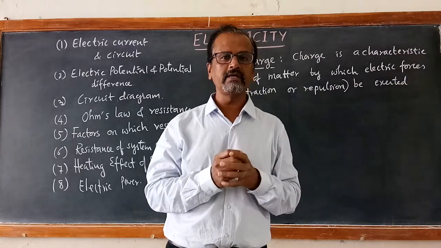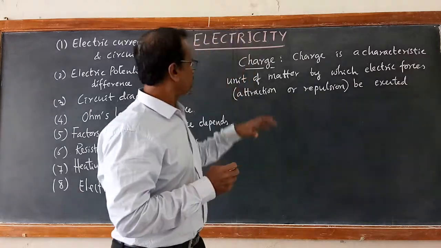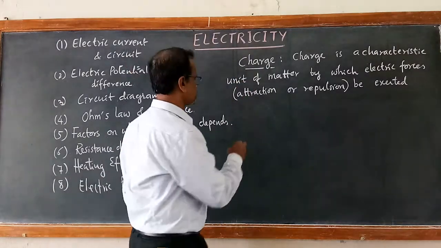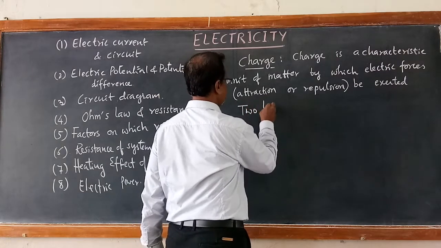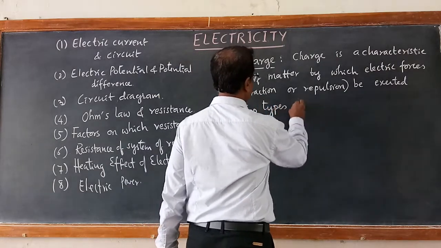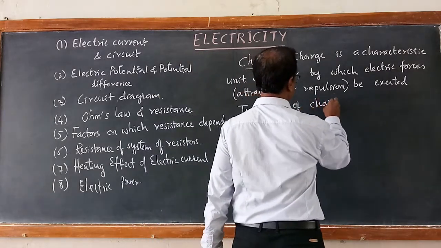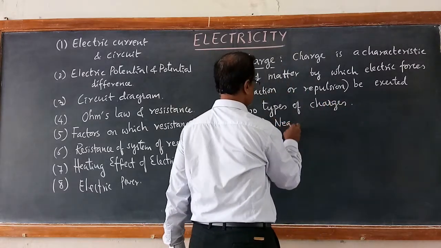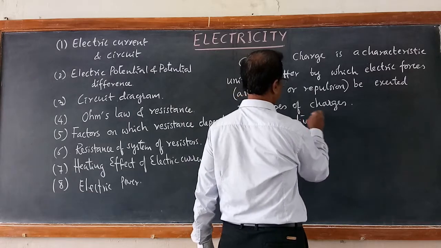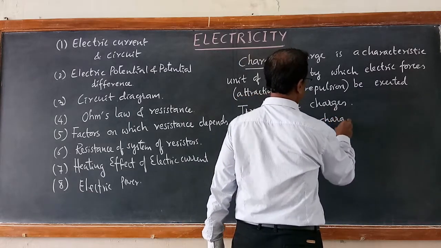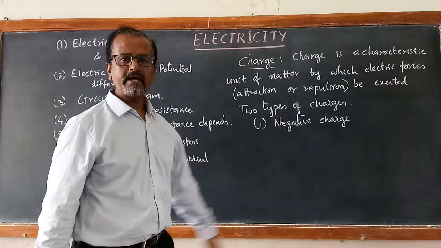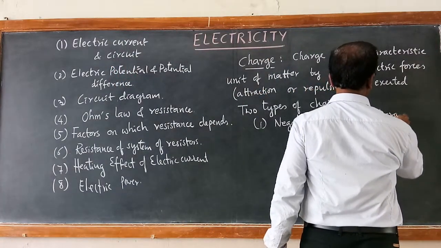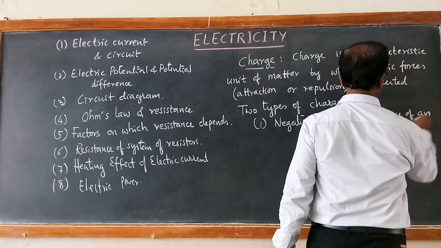This is what you have learned in lower classes. There are two types of charges, negative charge and positive charge. Negative charge is the charge carried by an electron.